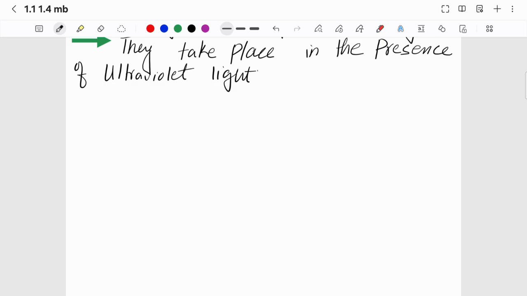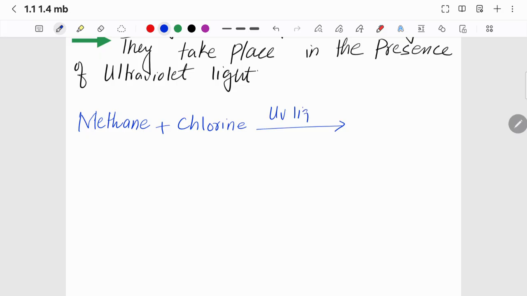Okay, so let's see how does it happen. We just take one methane molecule, for example. Let me use some other color for that in order to make it visible. So, for example, methane, we add chlorine in it in the presence of UV light.